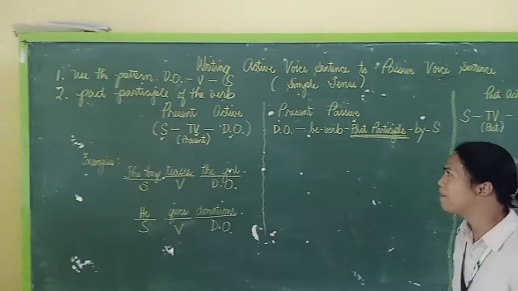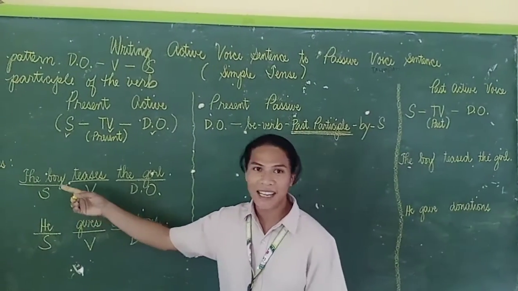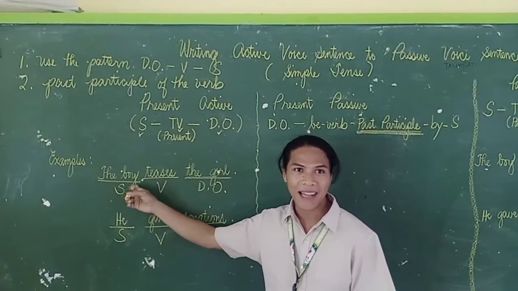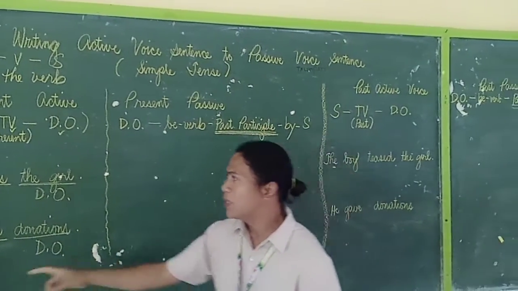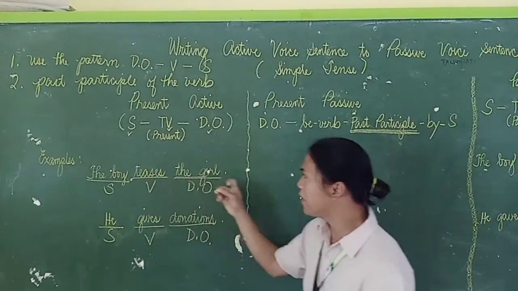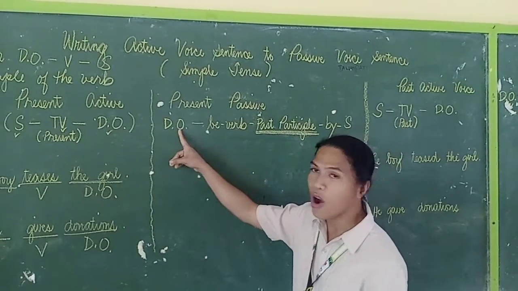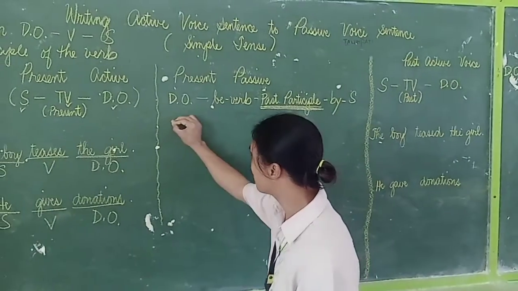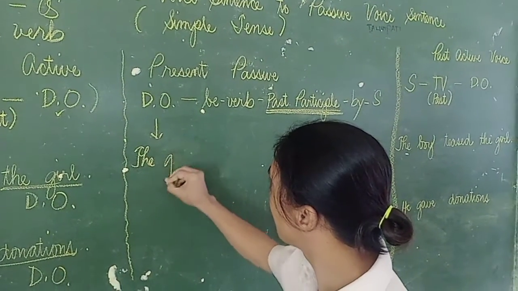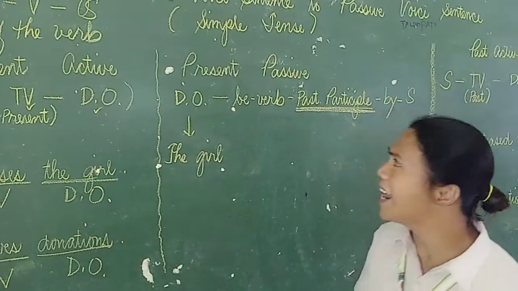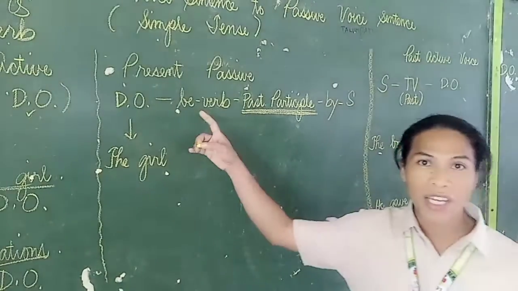Okay, let's try. Let us rewrite this present active voice sentence to present passive voice. So, the boy kisses the girl. So, the direct object comes first, the girl. So, you will have the girl. Okay. Next, followed by the be verb.